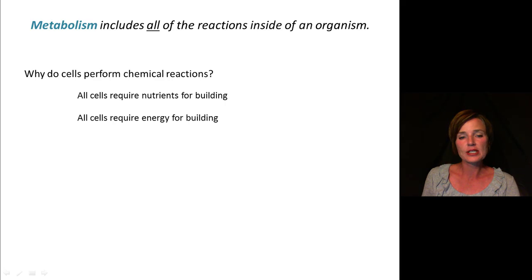And then the other main reason is that all cells require energy for building. So at the same time they're collecting nutrients for building, they're also going to need to collect energy, and the collecting of that energy is also going to involve chemical reactions. So we will have lots of chemical reactions that are taking place inside of cells and inside of microbes pretty much on an everyday, every moment basis.